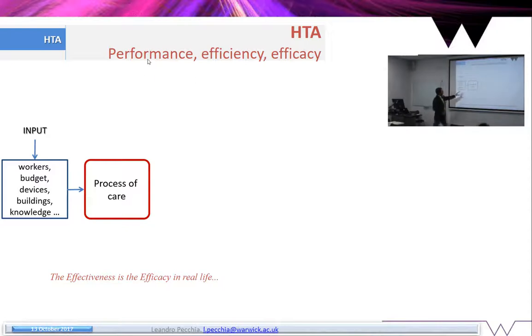We consider our process, our system, our service, our device as a box. Preliminarily, we can even model this as a black box. We don't know what is inside. What we know for sure is that there is an input that enters this model, and there is an output.